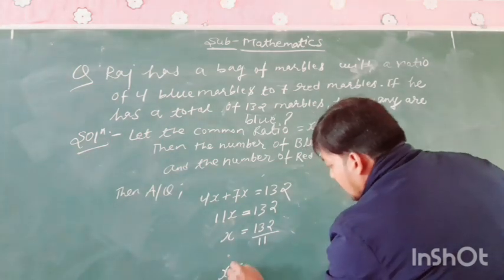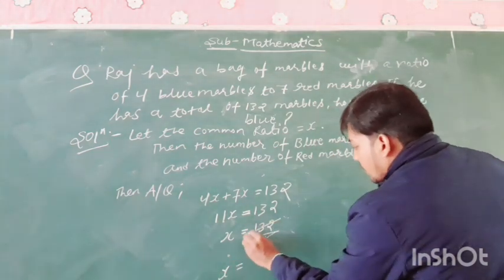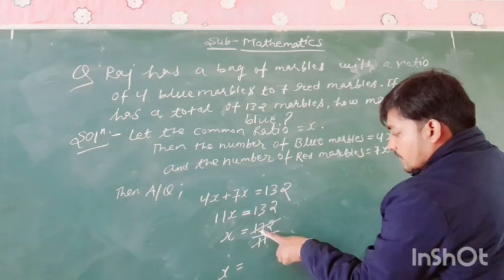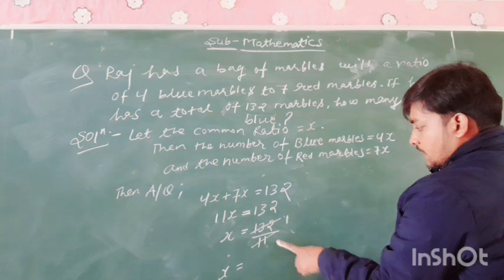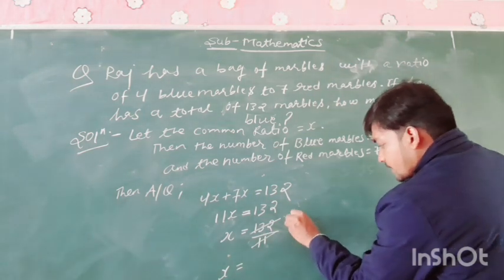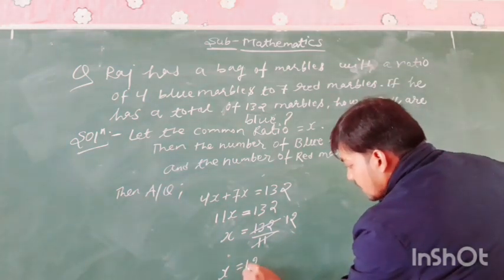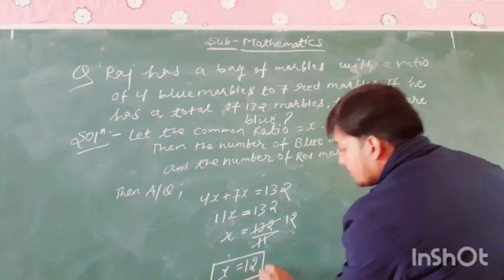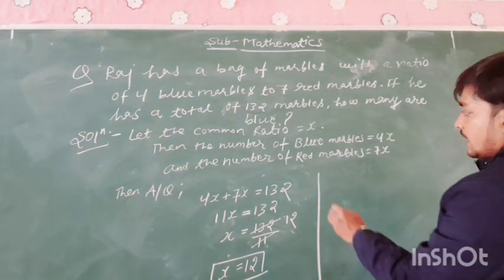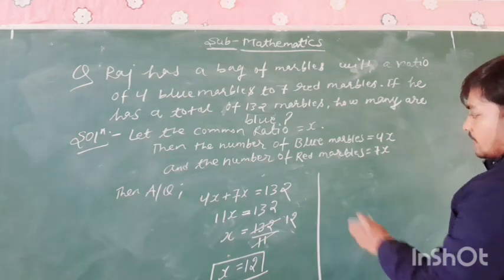After simplification of 132 upon 11, we get 12, since 11 twos are 22. Then we get value of x equals 12, and then we have to tell clearly the number of blue marbles and red marbles.